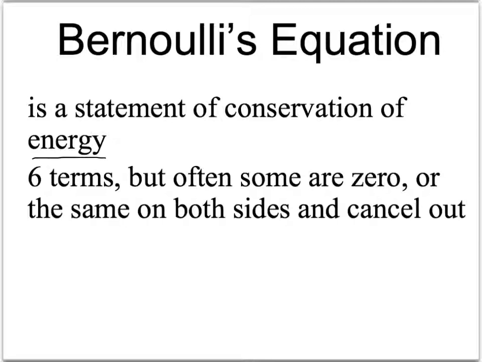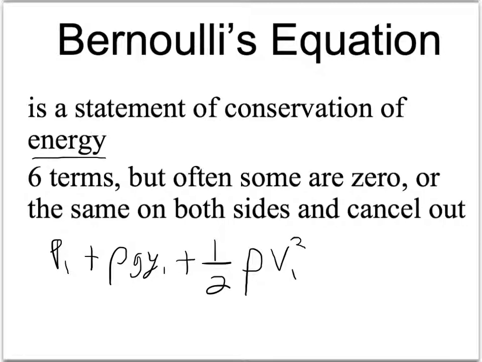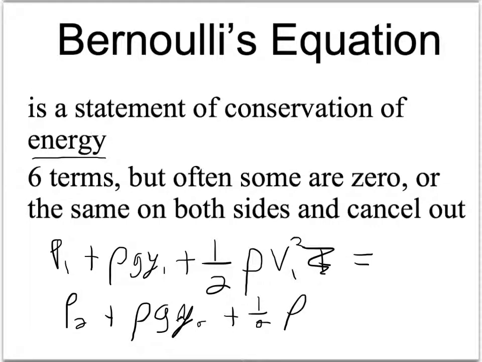It has 6 terms in it, so that's P1 plus rho g y1 plus 1/2 rho v1 squared equals P2 plus rho g y2 plus 1/2 rho v2 squared.